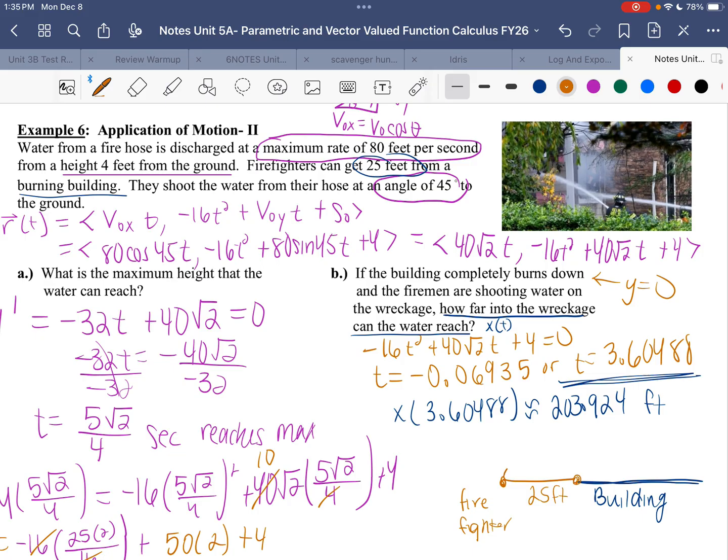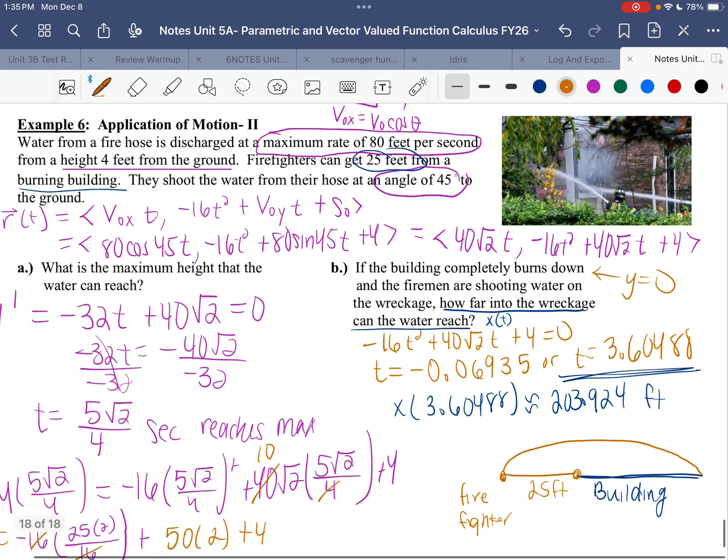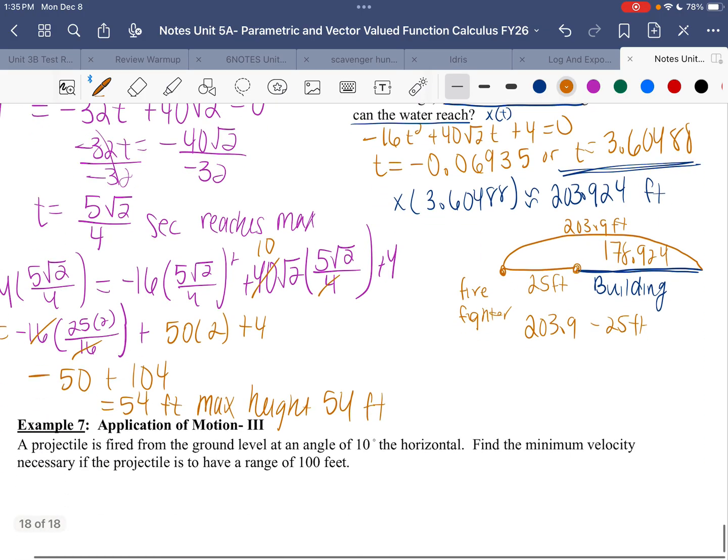So if they can shoot a total of 203.9 feet, how far into the wreckage is that? They actually got 178.92 feet into the wreckage.